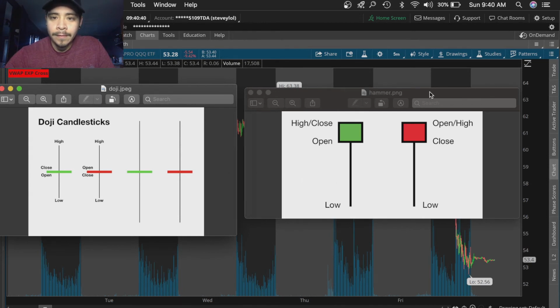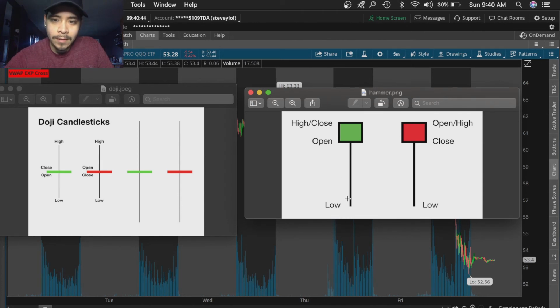Next up, you have a hammer. We call it a hammer because it opened right here, pushed down on the time frame, and then buyers stepped in so strong that the high and the close are above the open right here.